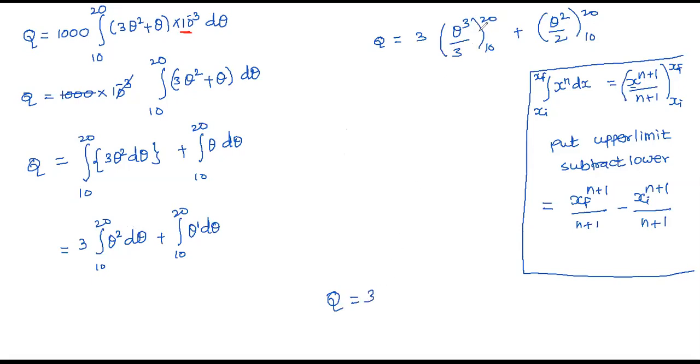Theta cube means how much you are getting now? 20 cube by 3 minus 10 cube by 3, isn't it? Finished. Plus for this term you will get 20 square by 2 minus 10 square by 2, put upper limit subtract lower limit.